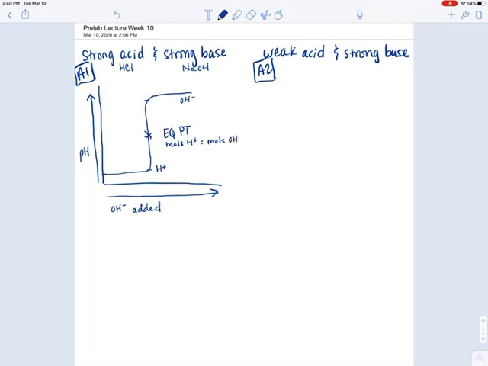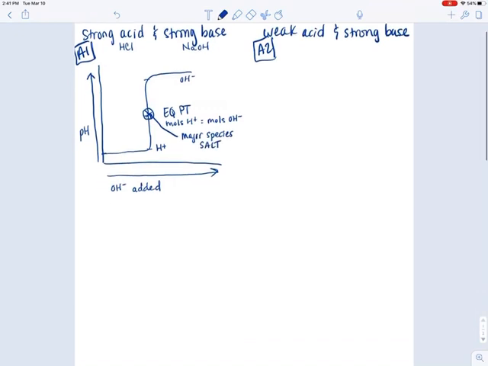So we don't have any excess H+ or OH-. They have completely reacted with each other. And so the major species present here at the neutralization point is going to be the salt that is generated from this chemical reaction.